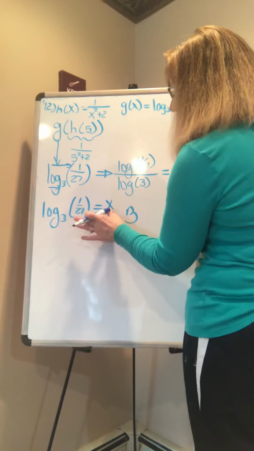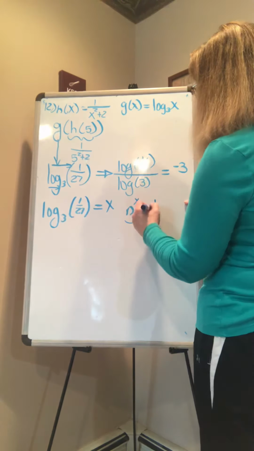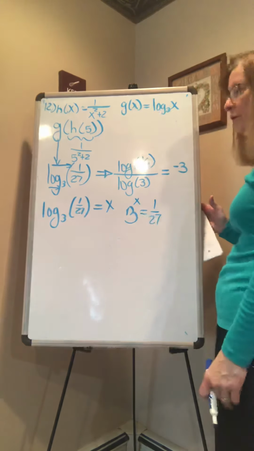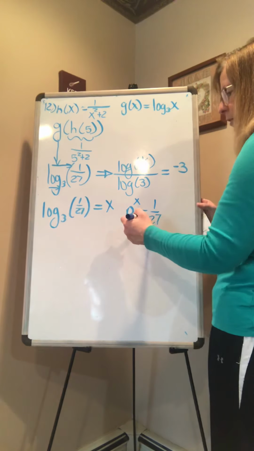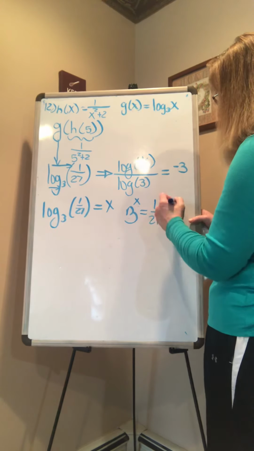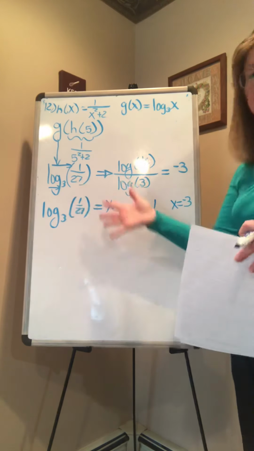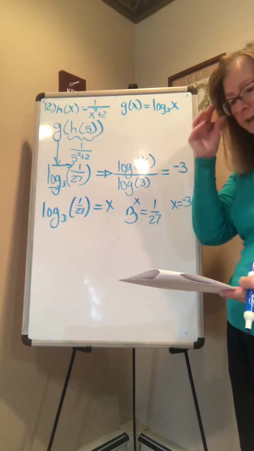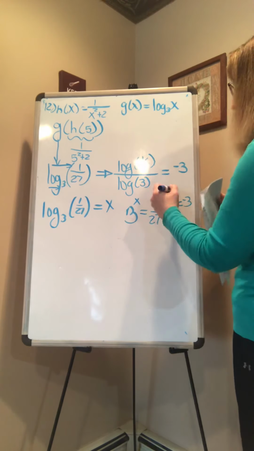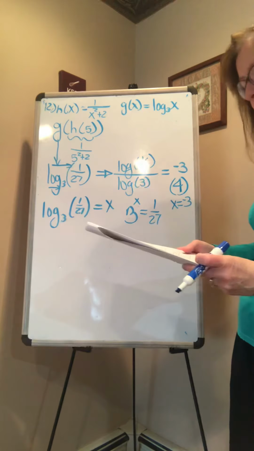Exponent, power, and flip. 3 to the x is equal to 1 over 27. Log form to exponent form. Well, 27 is 3 to the third, and in the bottom, x is still negative 3. So when we did these, we always had the answer twice, or the way to do it twice. It was choice 4 for an answer.